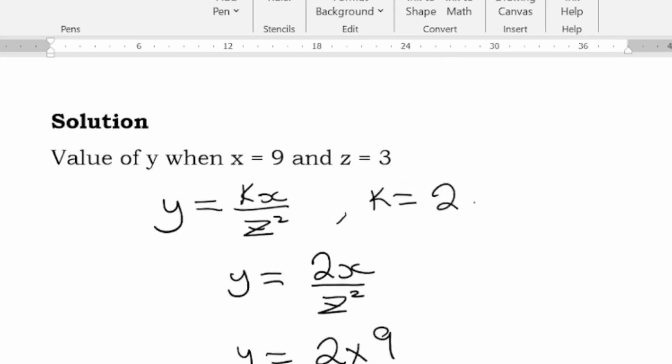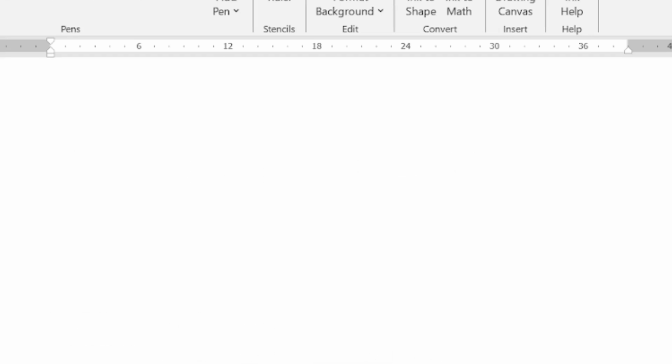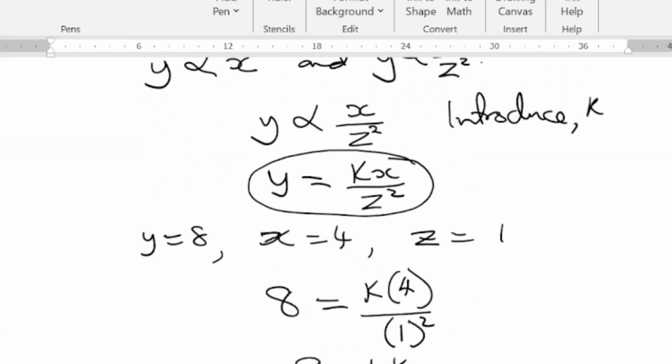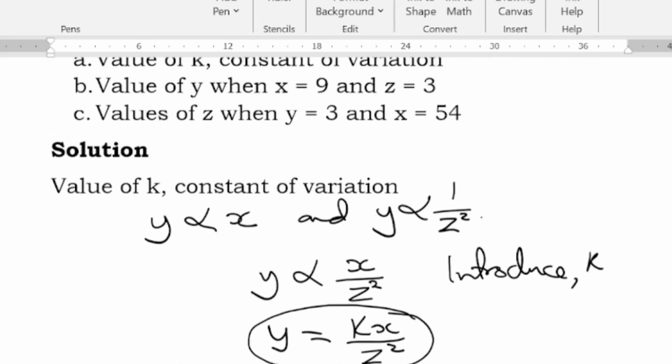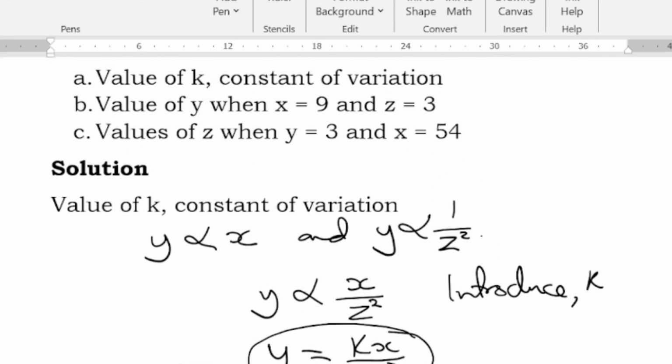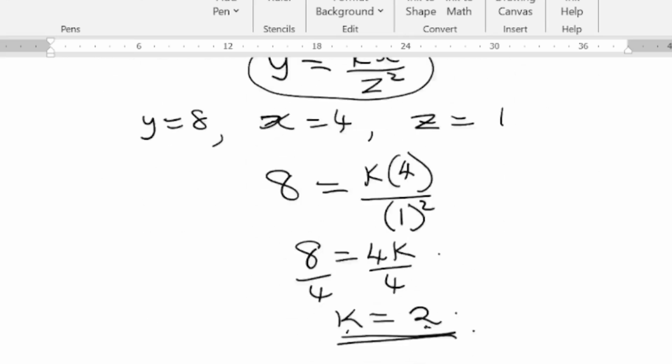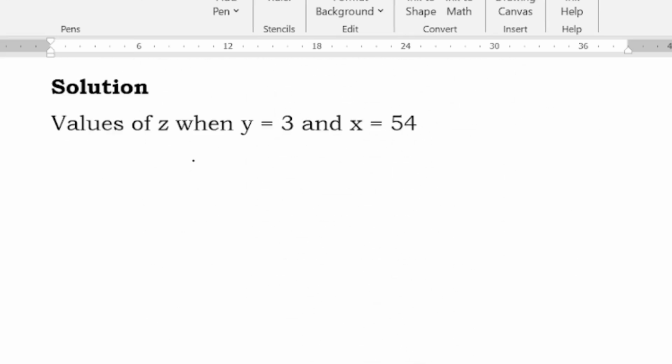Okay. Now, the other one is saying we need to find the values of z. Remember, again, the s there means it will be more than 1. When y is 3 and x is 54. Okay. y is equal to 2x over z squared.